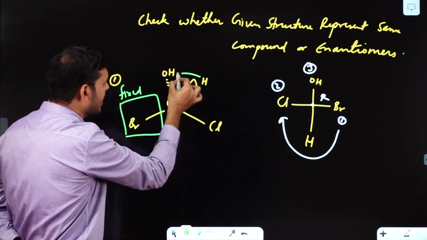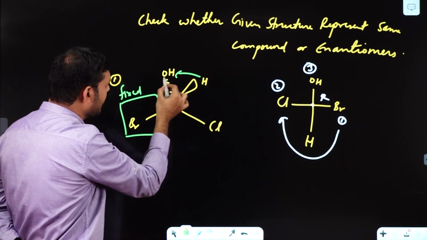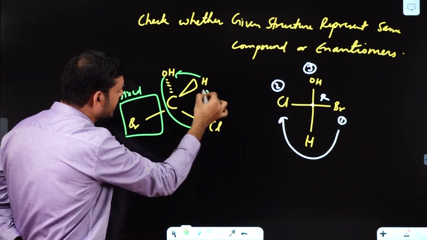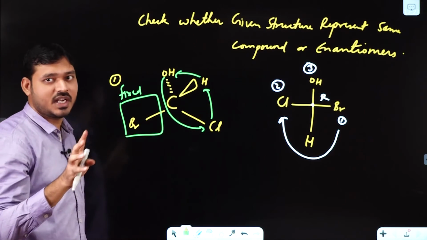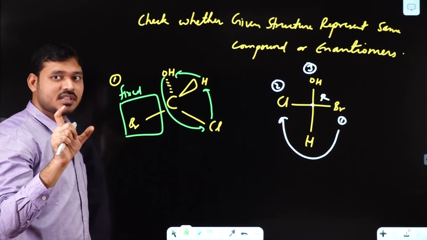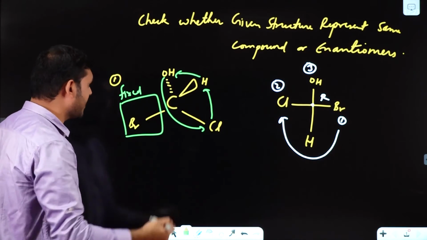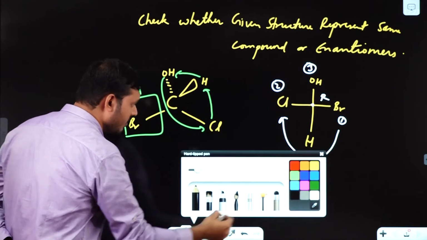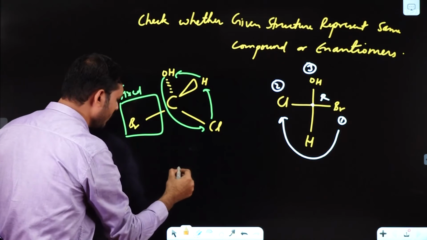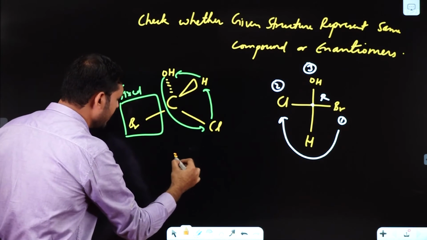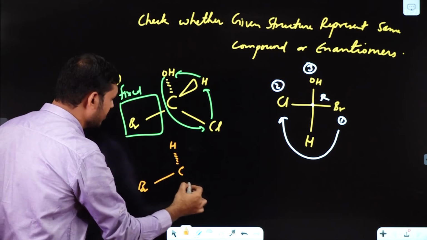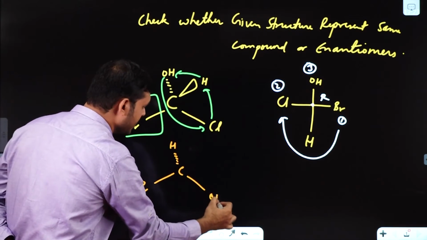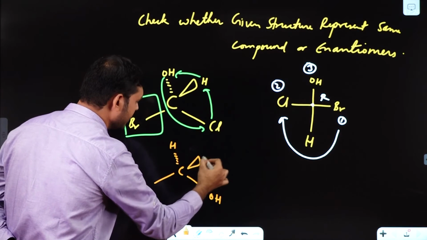So this will rotate this side, this will come this side, and this will come this side. Rotation in any direction, clockwise or anti-clockwise, will give you the same compound. How the same compound? You can see what you will find here: carbon with hydrogen in the dash position, bromine as it is, this will be OH, and this will be Cl.